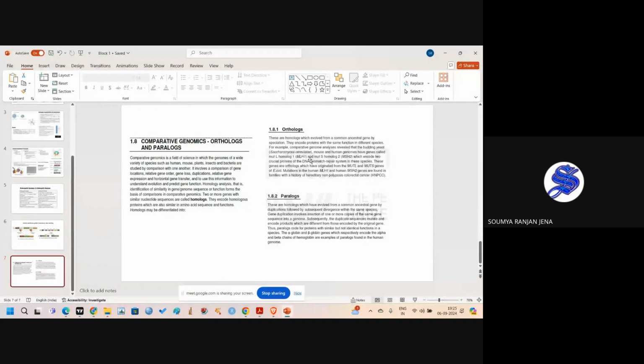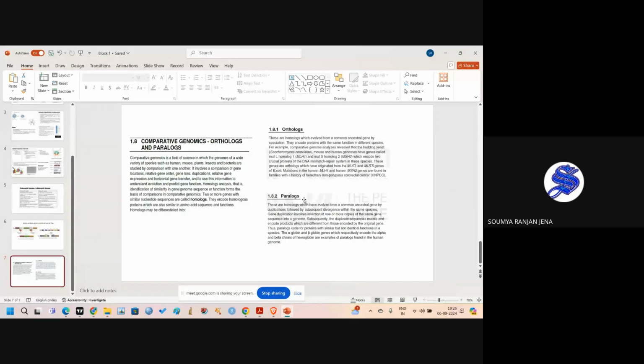Like A will bind only to T, not to C. This mismatch repair is guided by the MLH1 and MSH2 genes, and these genes are orthologous, originating from the MutL and MutS genes in E. coli, and mutation of these genes causes colorectal cancer in human beings.